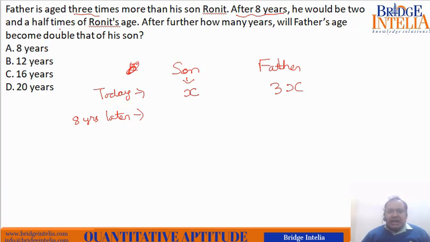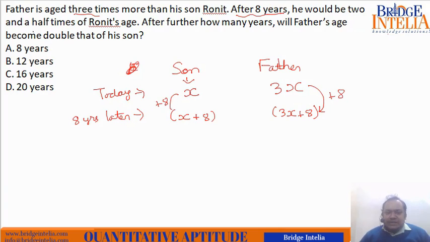He would be 2.5 times of Rohit's age. So 8 years later, the son's age would be X plus 8, and father's age similarly would be 3X plus 8.